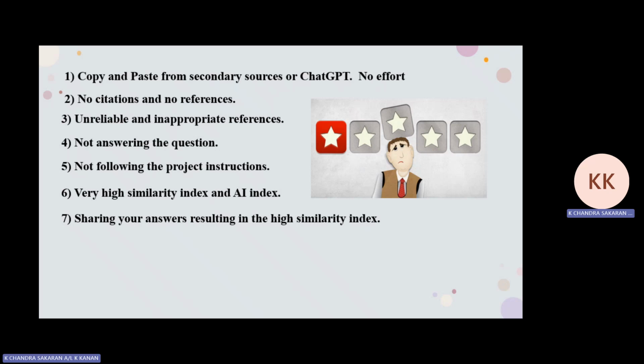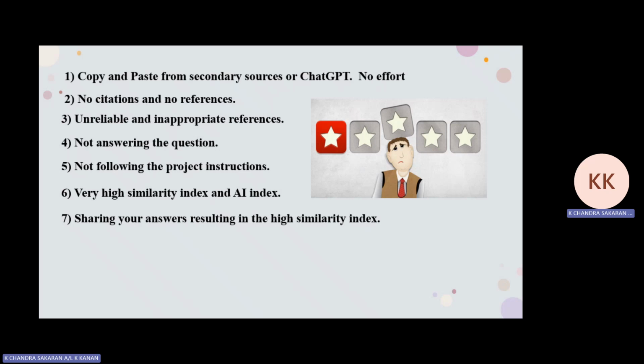So bear in mind, avoid copy paste, avoid getting answers from ChatGPT, because when I look at the answer, I know it is from ChatGPT because the kind of language they use is quite standard. That's number one, you must avoid. Number two, students don't provide citation. You know citation? If you take material from an article, you must cite.